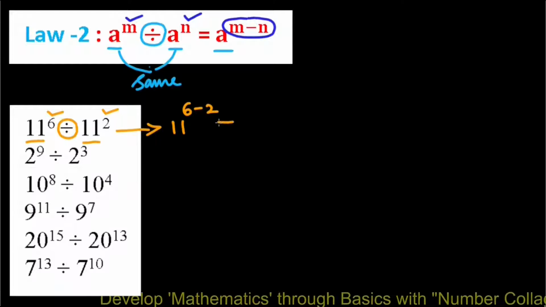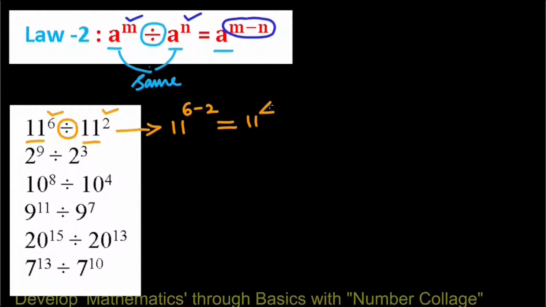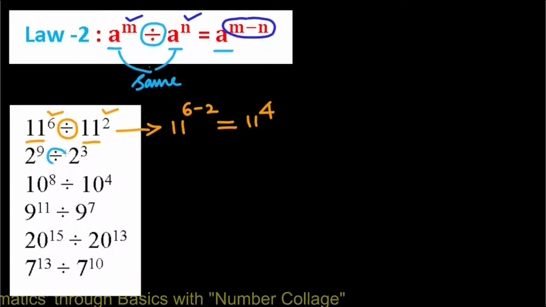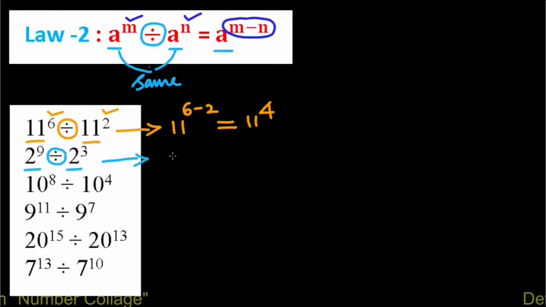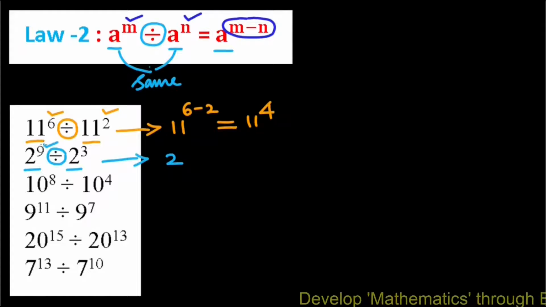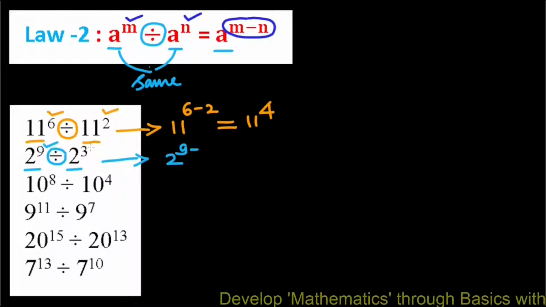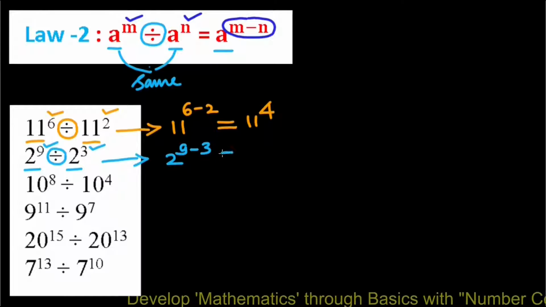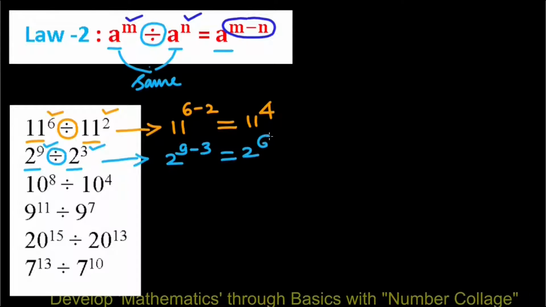So that will be 11 raised to 4. There is division sign between the two numbers and the base is same, so we have to raise the same base 2 to the subtraction of the powers of the individual numbers, that is 9 minus this 3, so that will be 2 raised to 6.